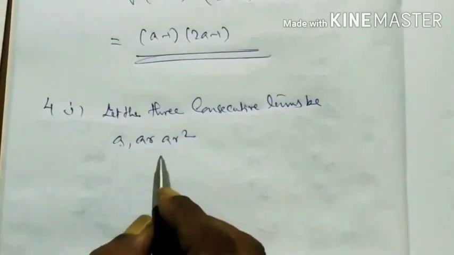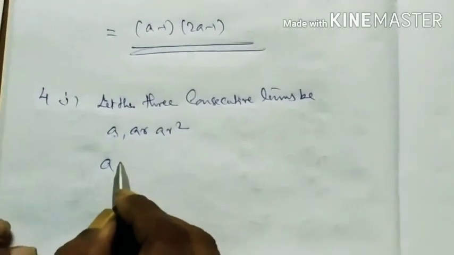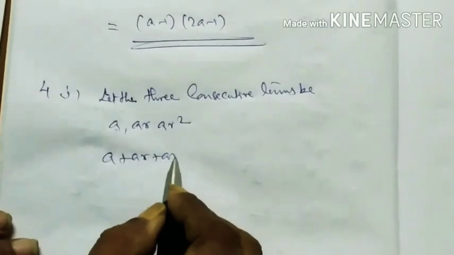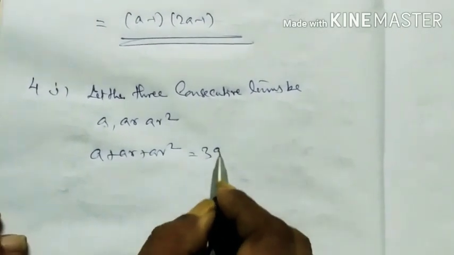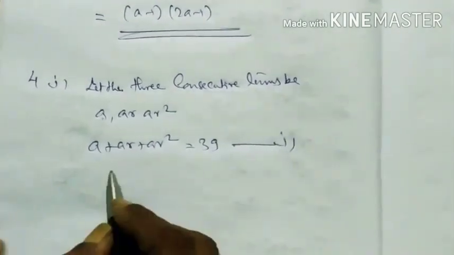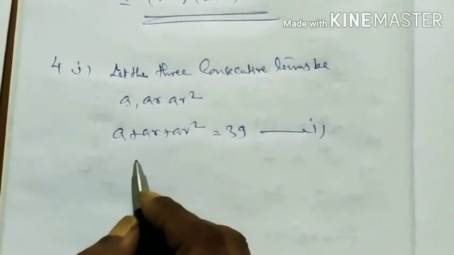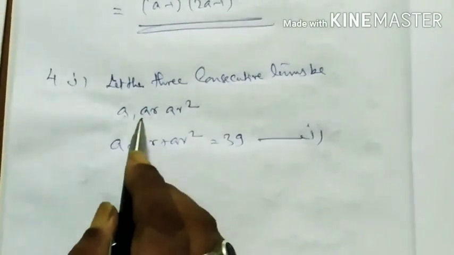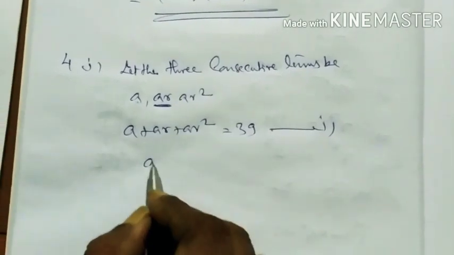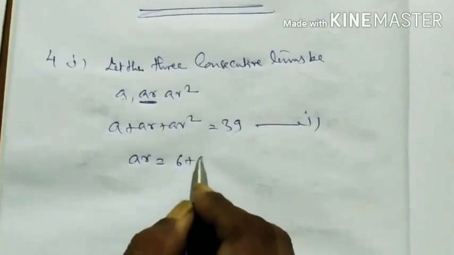So the sum of these three consecutive terms, a plus ar plus ar square, is equal to 39. This is my equation 1. And the second term is 6 more than the first term. That is, ar is 6 plus a.